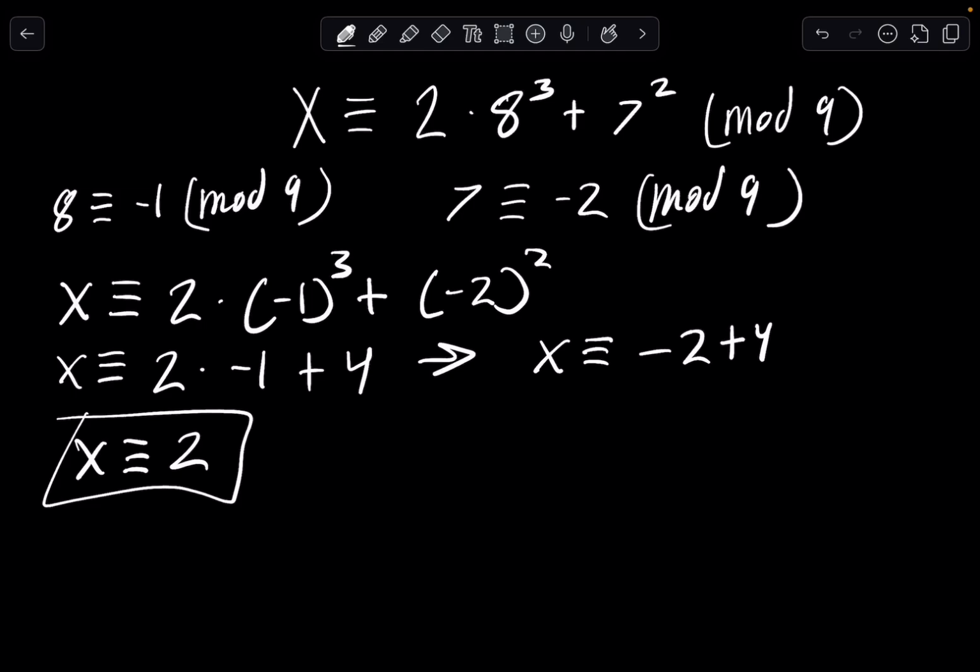Some other ways that you could have done this is you could have went with 8 squared equals 64, and then realize that that has a remainder of 1. I'll do that here.